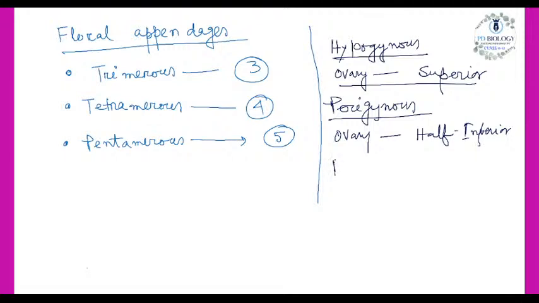And epigynous: the margin of the thalamus grows upward, enclosing the ovary completely and getting fused with it. Other parts are raised above the ovary. So here the ovary is inferior.